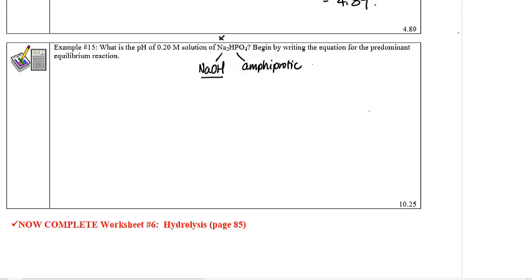So if we look at the two options that the HPO4 can take in terms of reacting with water, they will be: HPO4 2- plus water, and it can act as an acid, so it forms PO4 3- plus H3O+.